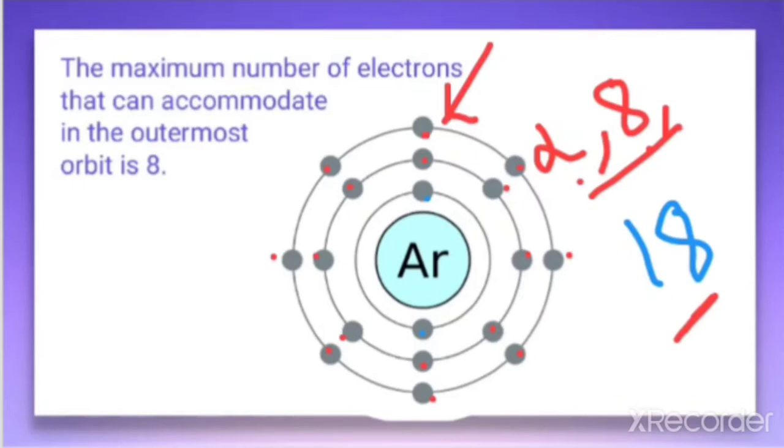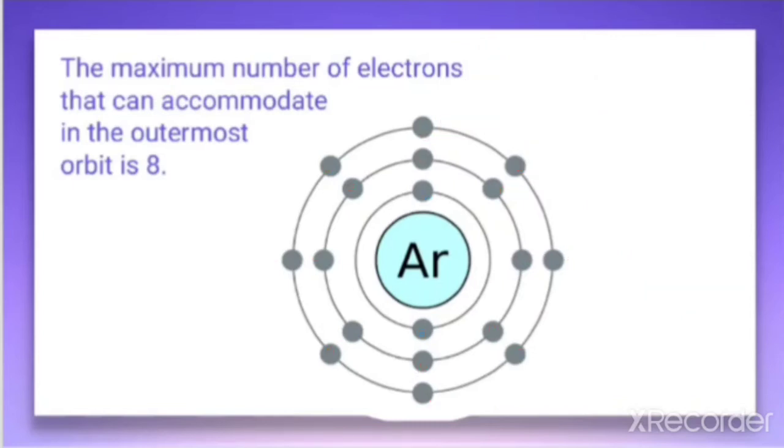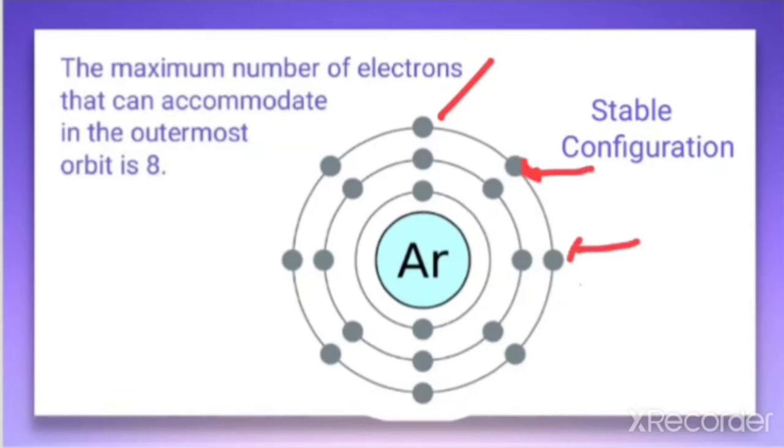So in the case of argon, it already has 8 electrons in the outermost shell, so it is in a stable form. We can say this type of configuration is a stable configuration. Why? Because its outermost shell has 8 electrons, as you can see here.